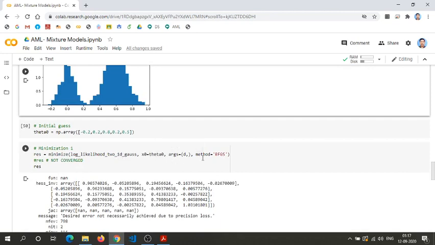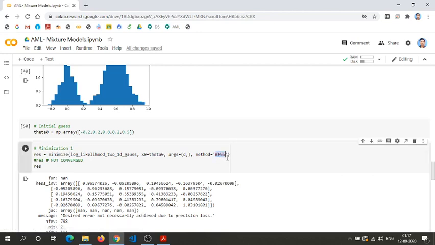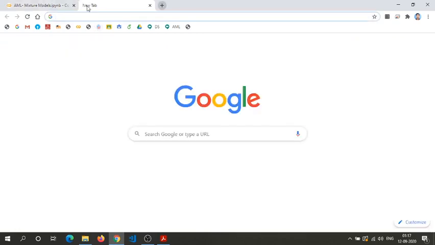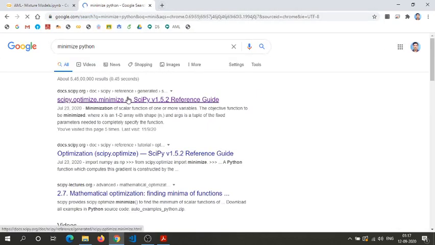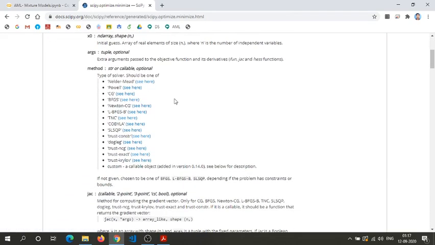We supply this to the first minimization, using BFGS. There are different minimization methods. You can search for minimization methods, scipy.minimize, optimization methods. These are the different methods which are possible.